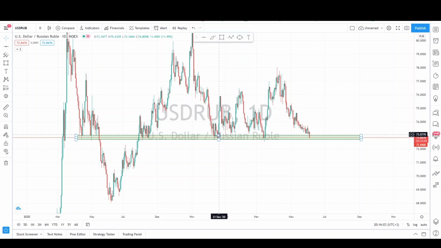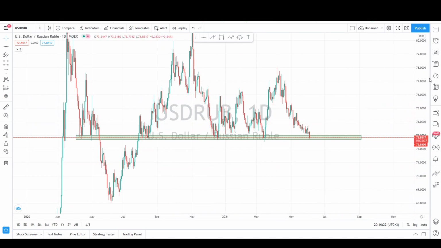It was just retesting and confirming, right? Once you start viewing support and resistance as zone areas, not points, it becomes easier for you.